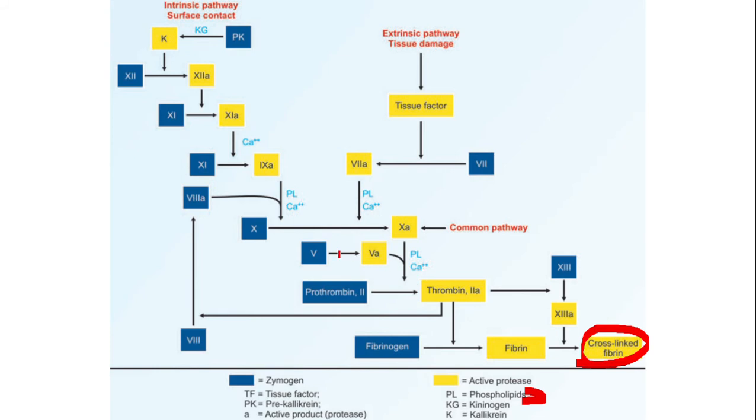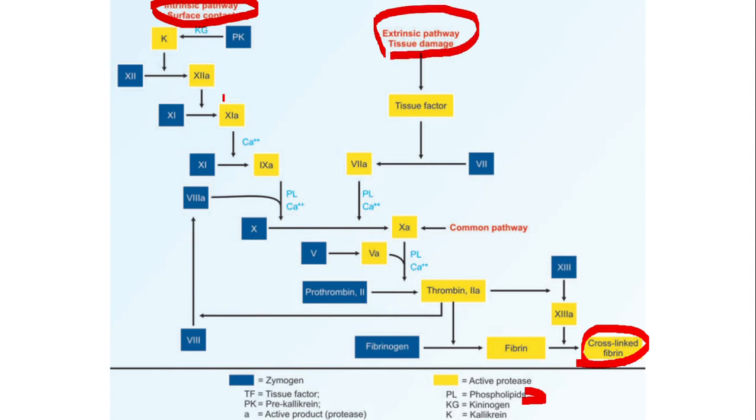Now, how is this factor Xa being produced from factor X? There are two pathways. One is, you can see here, the intrinsic pathway. The other one is called the extrinsic pathway.